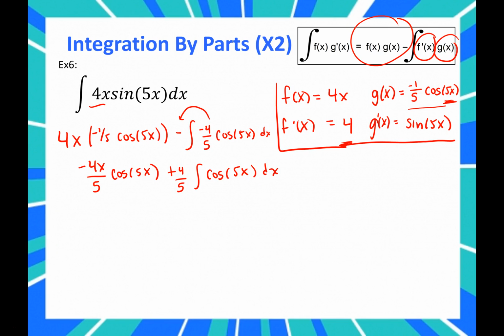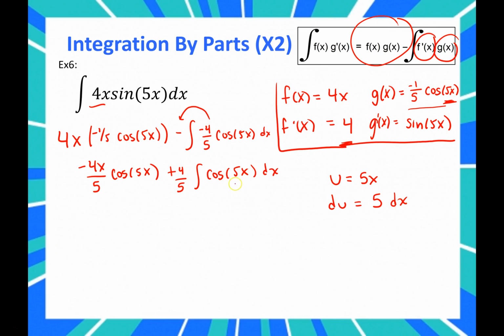All right, at this point, you can actually do u substitution here. What I mean by that is you could let u be equal to 5x, which means your du is going to be 5 dx.